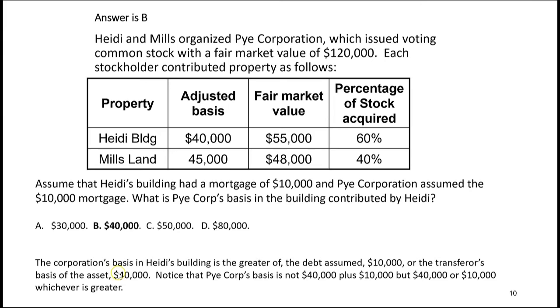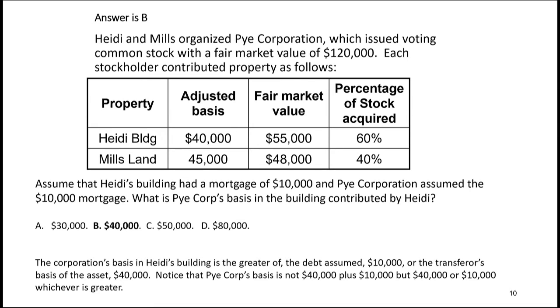The corporation's basis in the new building is the greater of the debt assumed, which is $10,000, or the transferor's basis of the asset, which was $40,000. Notice that Pi Corp's basis is not $40,000 plus the $10,000 mortgage, but $40,000 or the $10,000 mortgage. So it's the rollover basis or the mortgage being assumed, whichever is greater.